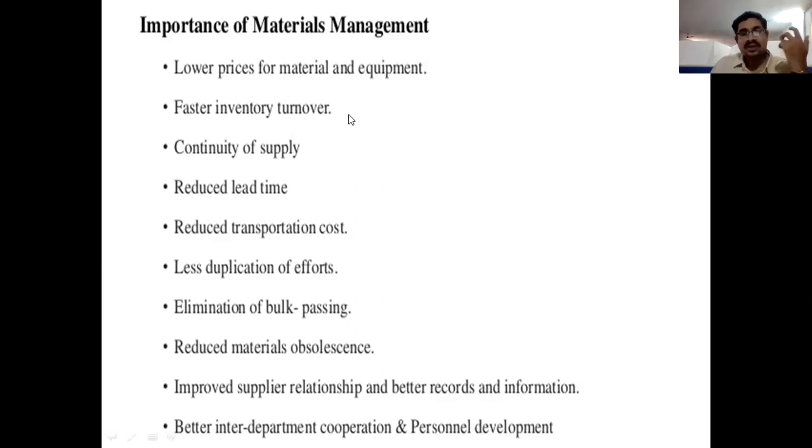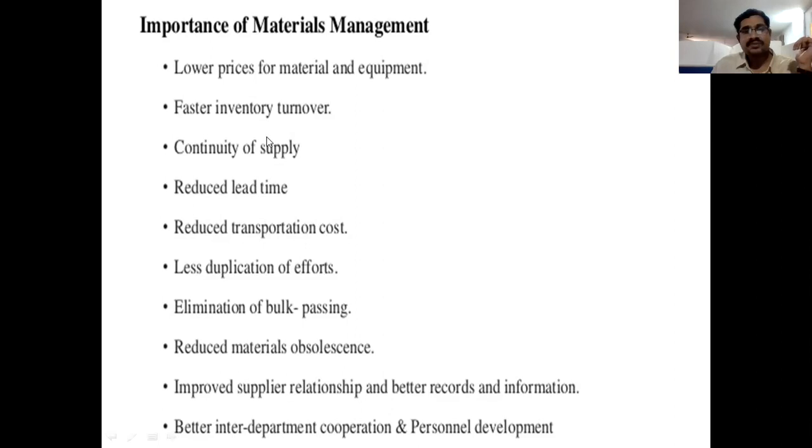So we will get faster production. Faster inventory turnover means we can have productivity also. Productivity means produce more with minimum cost. Please listen carefully. Produce more with minimum cost is called productivity.